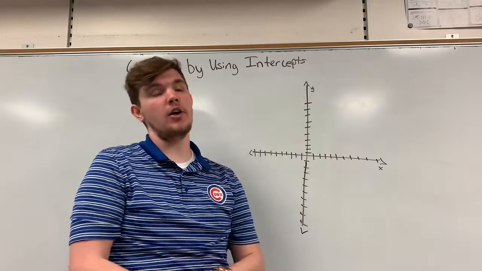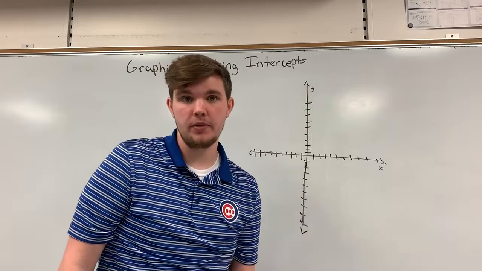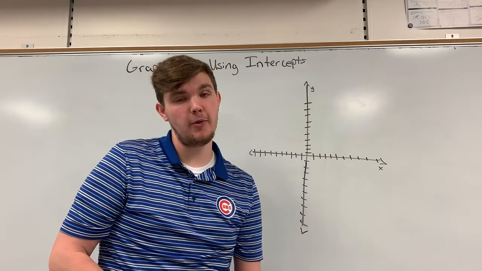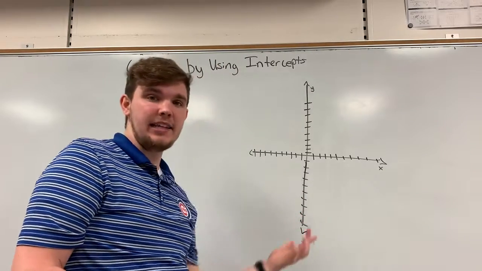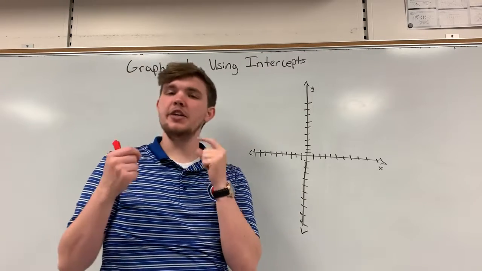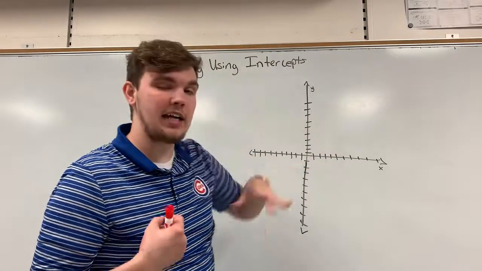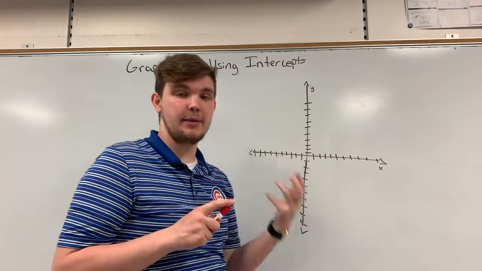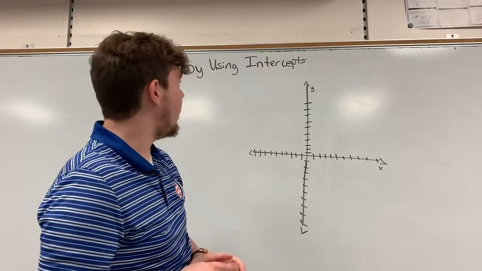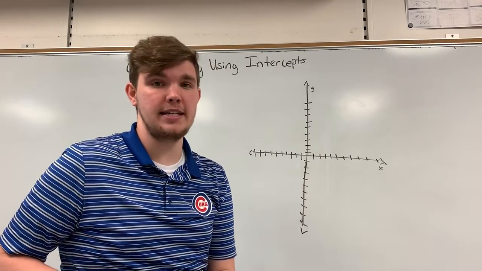We're going to be given a random linear equation, something we've done many times before, and we're going to take that linear equation, find its two intercepts, and use those intercepts to graph it on the xy plane. If you don't remember it, that's okay, because we're here to review it today.